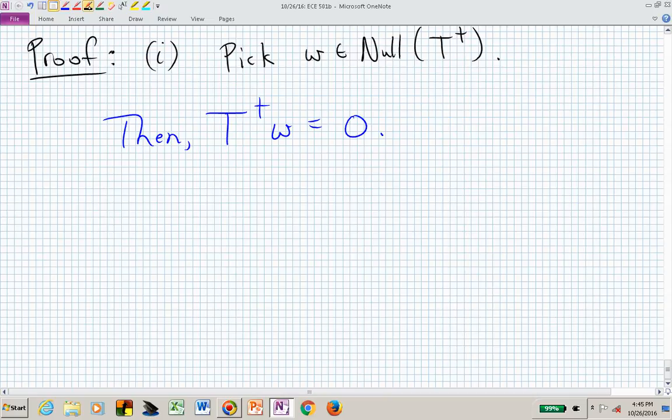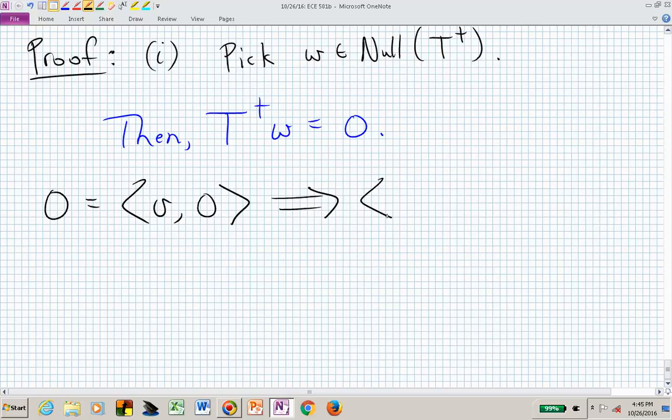Oh, really? Okay, well then let's say the 0 vector is V inner product with the 0 vector. But what's that second slot? Another way of rewriting that second slot is T dagger W, correct? Since T dagger is going from W to V in our terminology.